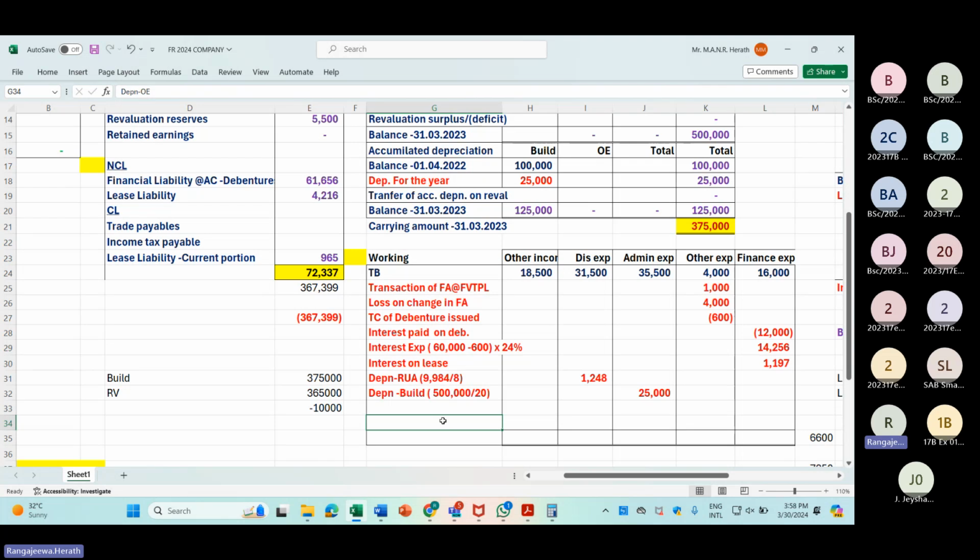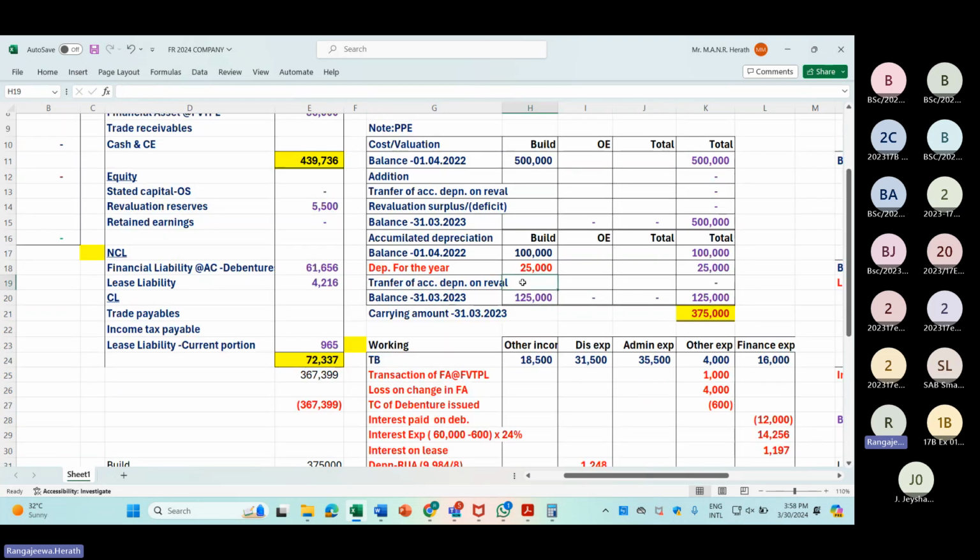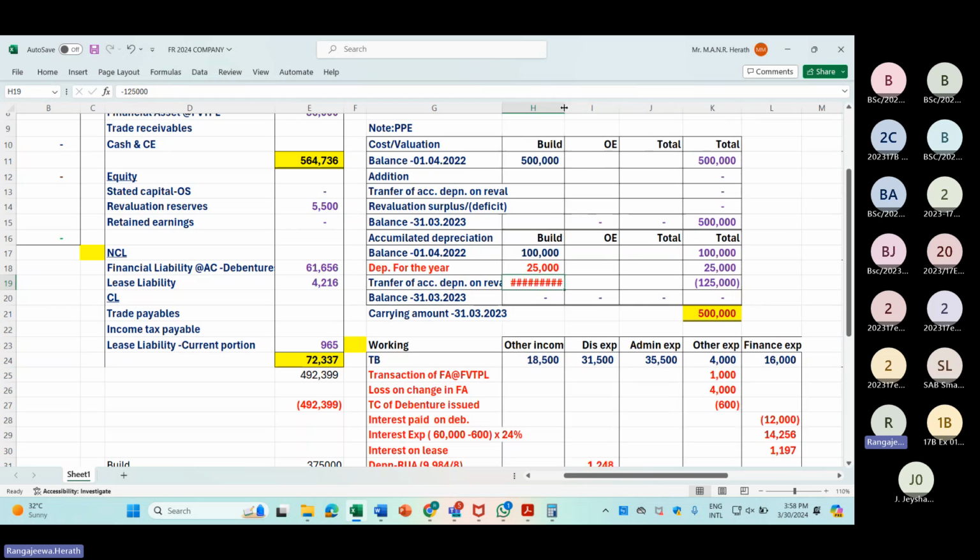And now altogether we have 125,000 accumulated depreciation. This should be transferred on the revaluation. When you revalue, you have to transfer this accumulated depreciation.